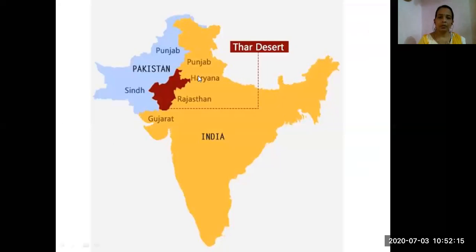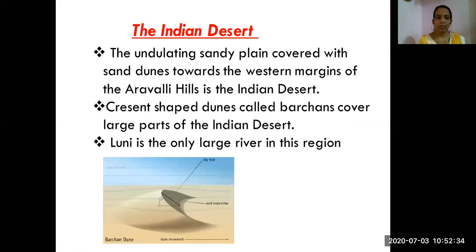That is why the wind is working more. Where the wind is working more, erosion, transportation and deposition happen. Due to these activities, we are looking at sand dunes here. Sand dunes, sandy hills. These kinds of hills you will see in this region.